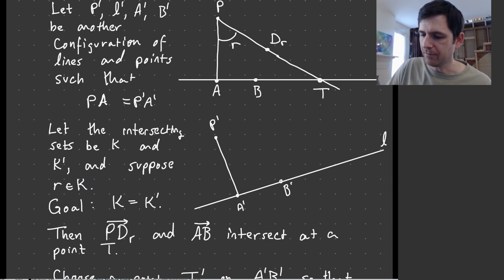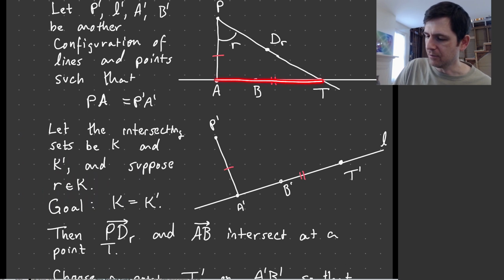Okay, so we already have that PA is equal to P prime A prime. And so now I want to look at AT, and I can just find a point T prime over here so that this distance AT is the same as the distance AT prime, or A prime T prime.